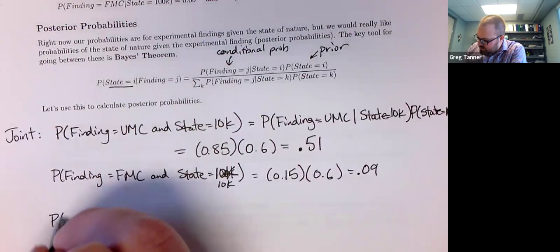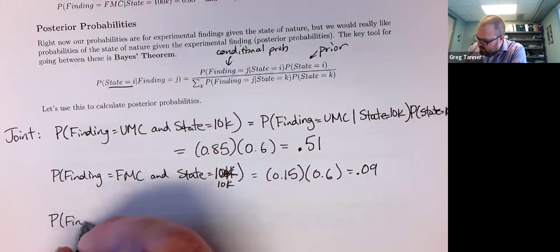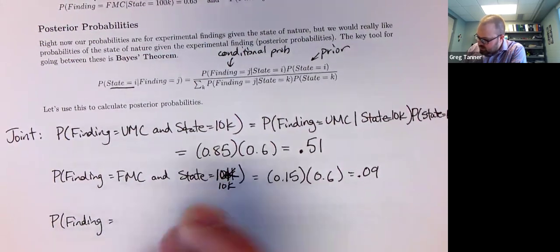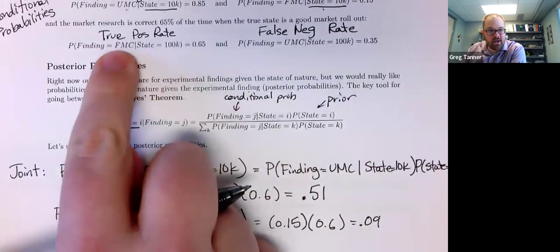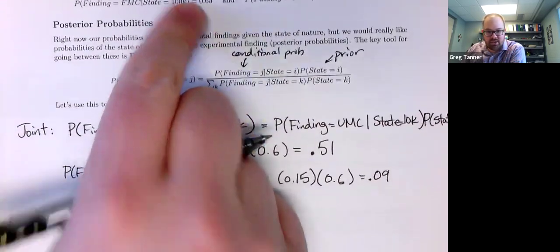Now let's do the probability of finding equals, let's do this one. So FMC and state equals 100K.